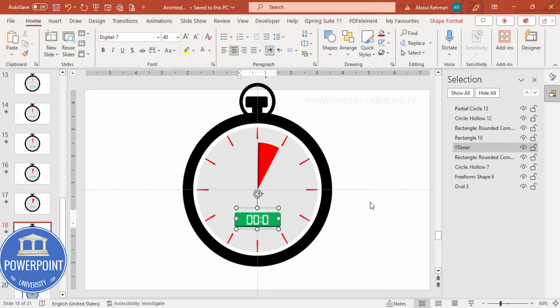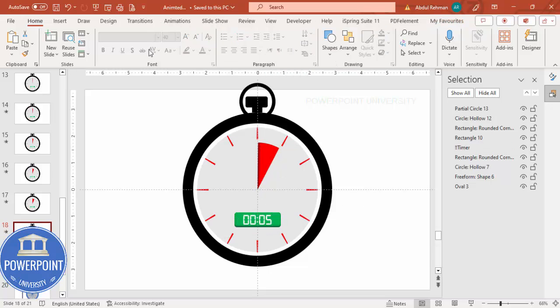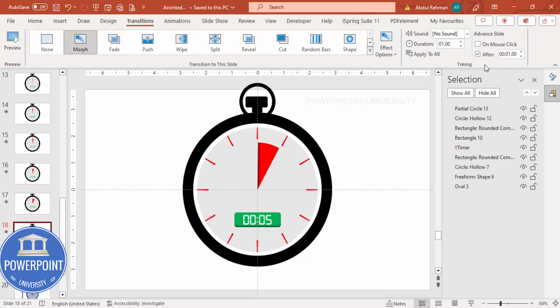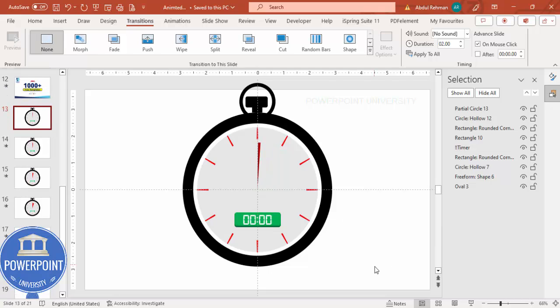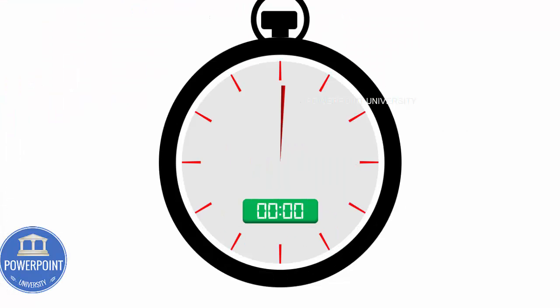Assume that this is my last slide. Go to the transition and remove this one and make it On Mouse Click, because if you don't, it will jump to the next slide. So let me play now from here. When I click, you can see this is 1, 2, 3, 4 and 5.